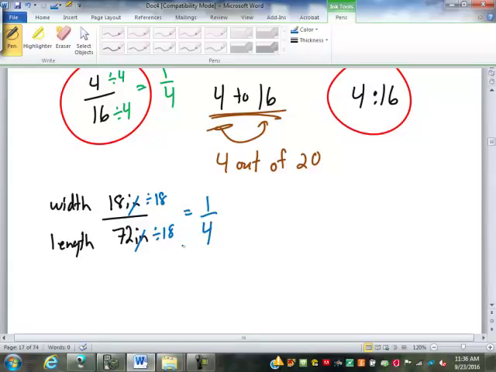Now, a couple of things I want to point out here about the first 2 examples. I realize it came out to 1 to 4 both times, and that was maybe poor planning on my part. But you'll notice in both cases, what we compared to each other had the same label. This was students and students.